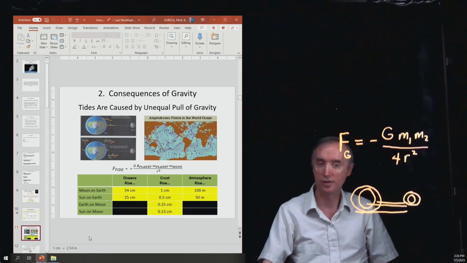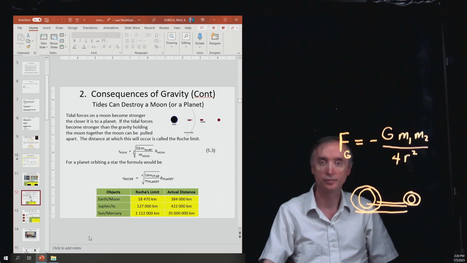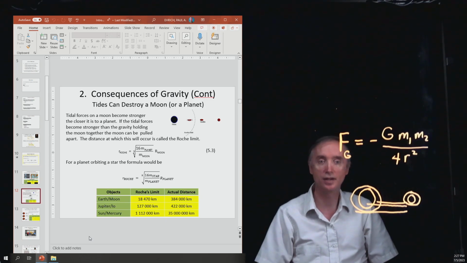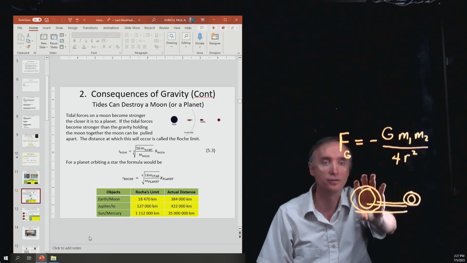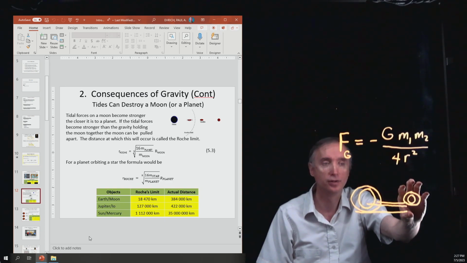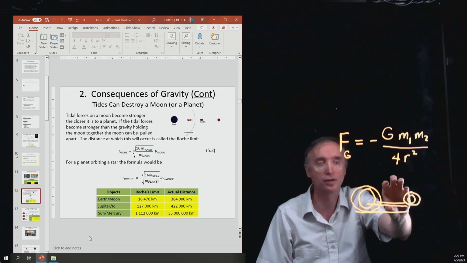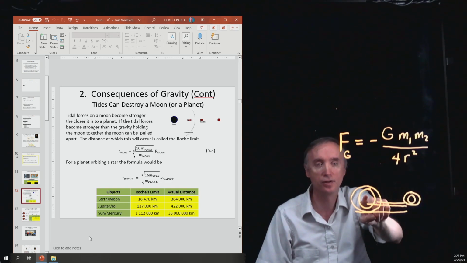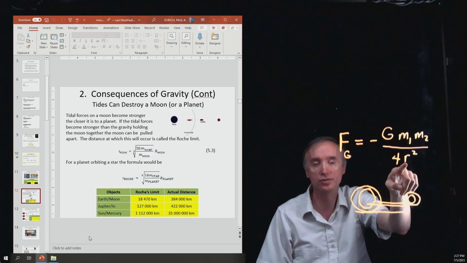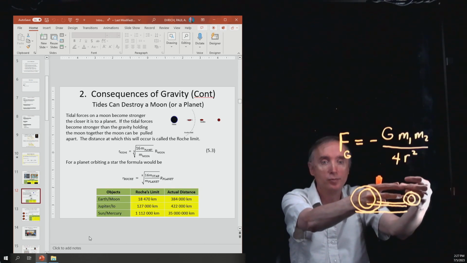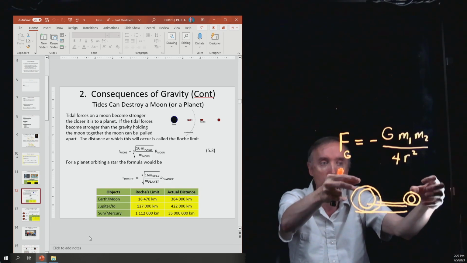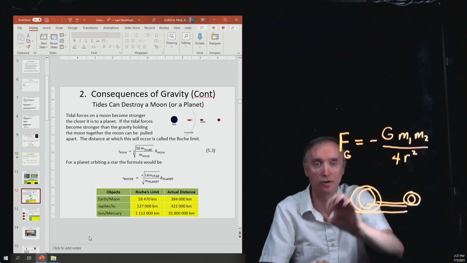Okay, so this is very important because it can actually pull a moon apart. So here, the gravity of the Earth pulling on the moon. If the moon was to get closer to the Earth, the R would get smaller, so the force of gravity would get stronger. That would mean that this moon would be stretched even more the closer it would get to the Earth.